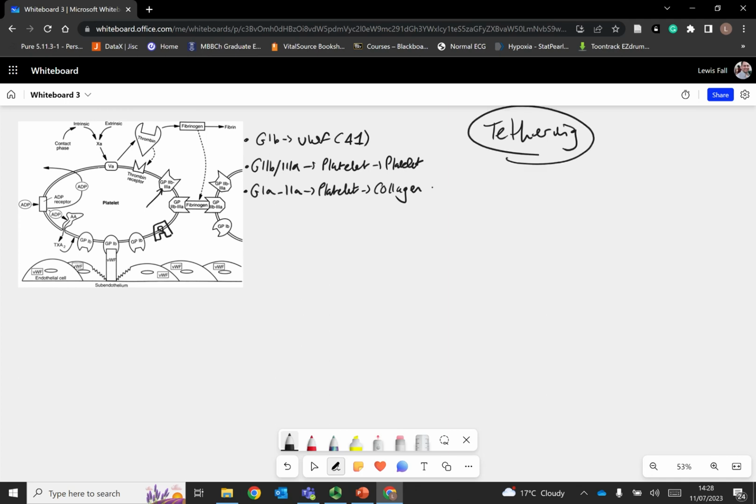Okay, tethering. So what that refers to is how do we bind the platelet to the subendothelium? That's basically what we're asking. So you can broadly break this down into 2 states.